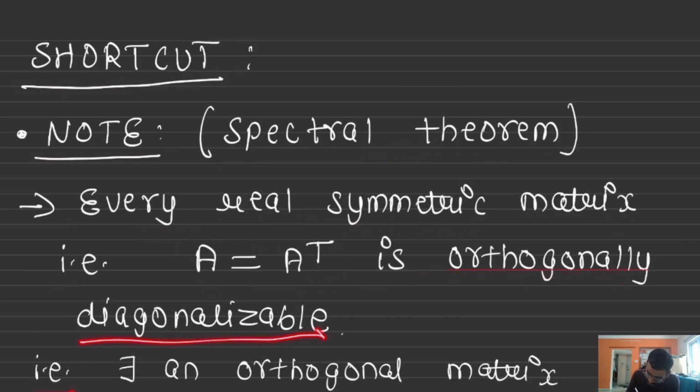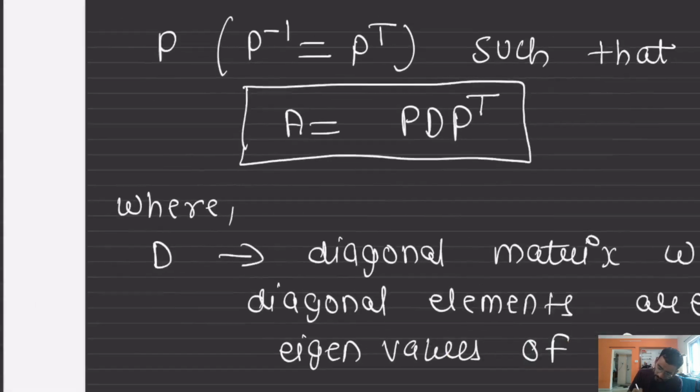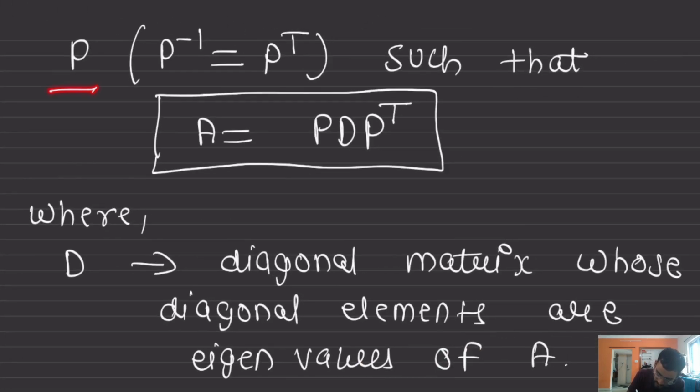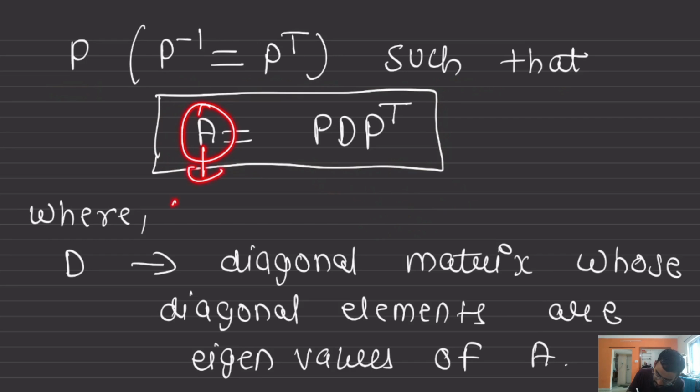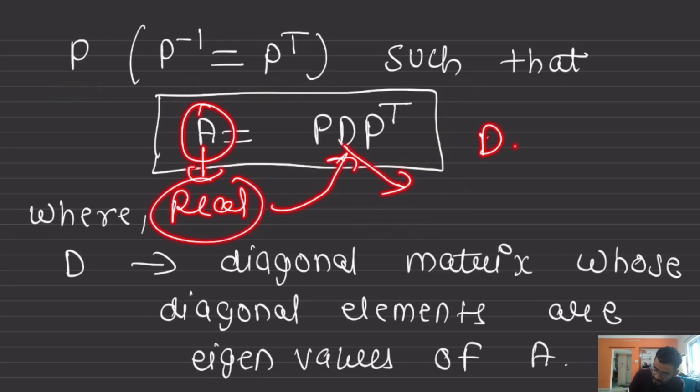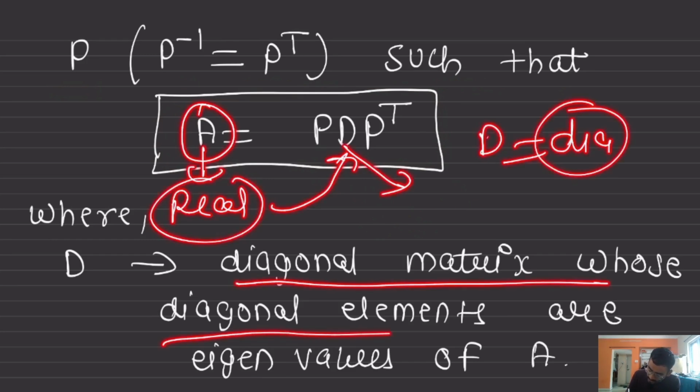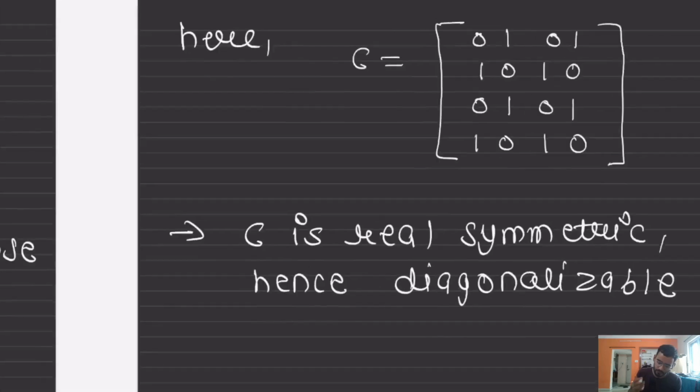Which means there exists an orthogonal matrix P, which means P inverse is equal to P transpose, such that A equals P D P transpose, where D is a diagonal matrix. Which means if A is a real symmetric matrix, then it is diagonalizable, and D is the diagonal matrix whose diagonal elements are eigenvalues of A.